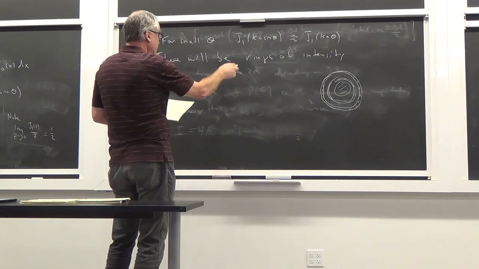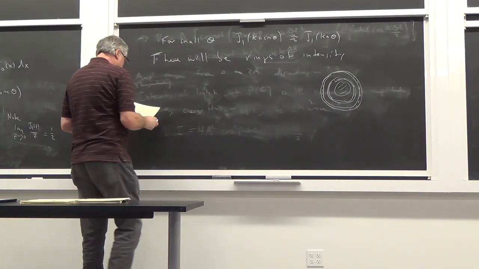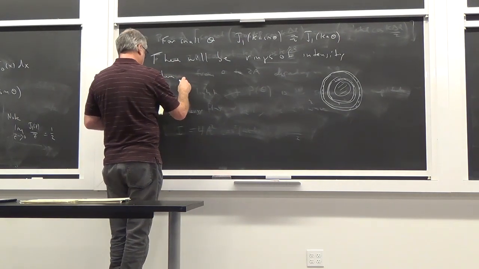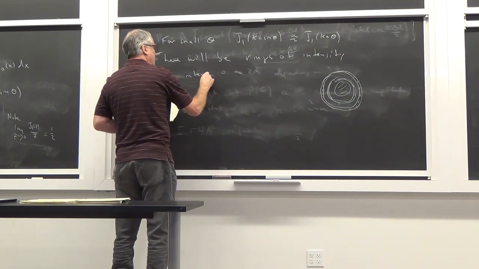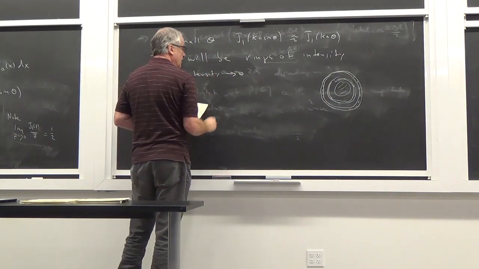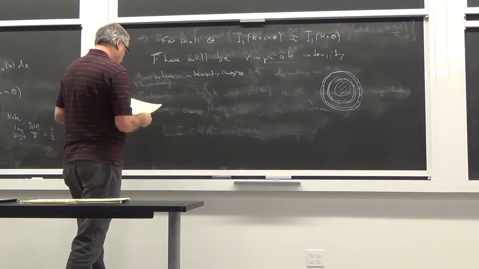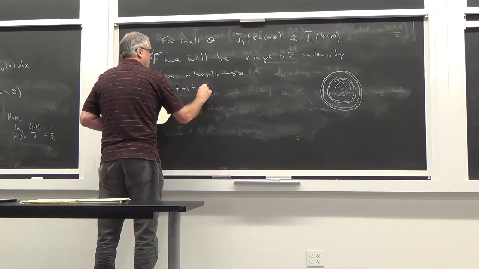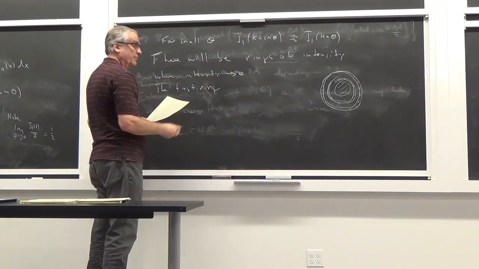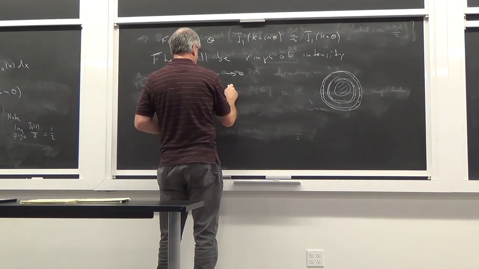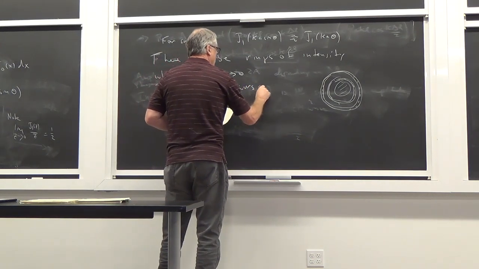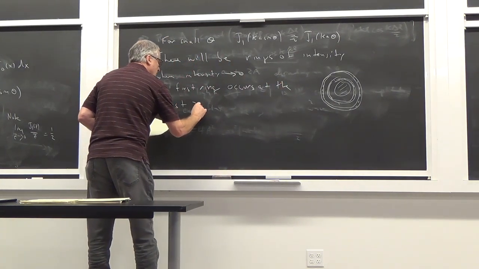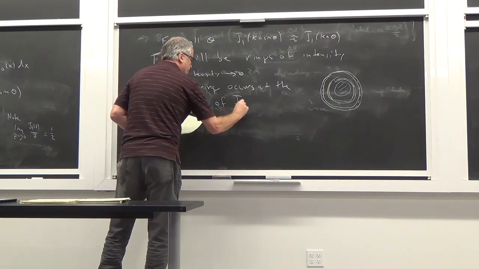So the rings of intensity. There will be places where the intensity goes to 0, and there'll be rings where it's bright. The first ring where it goes to 0 is going to be at the first zero of our Bessel function.